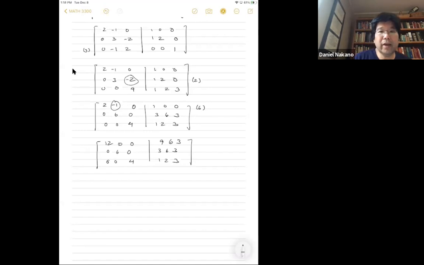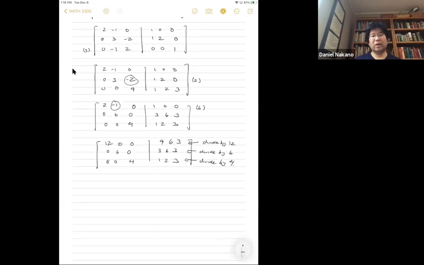Then you just divide the first row by 12, the second row by 6, and the last row by 4.